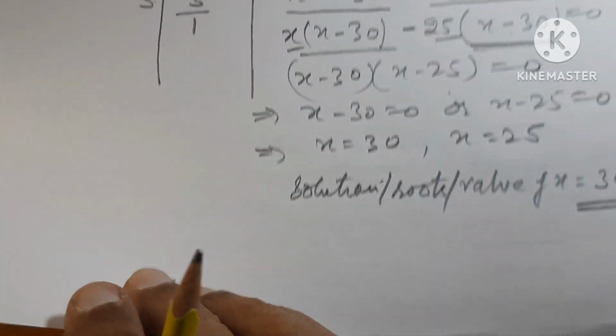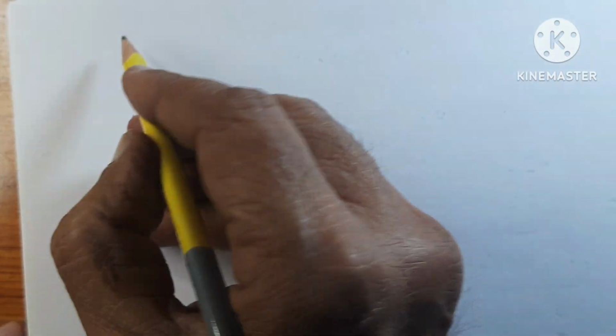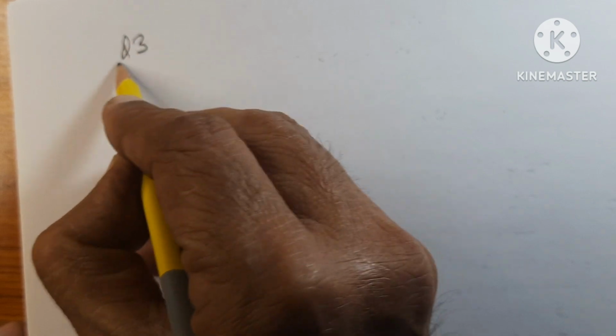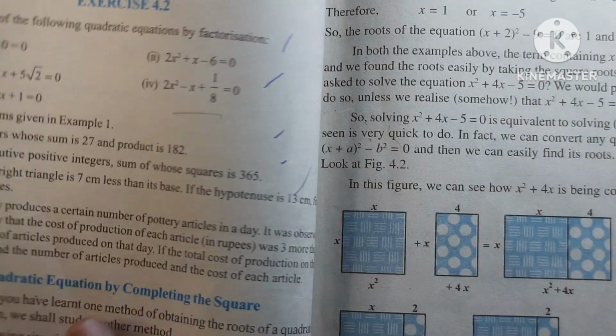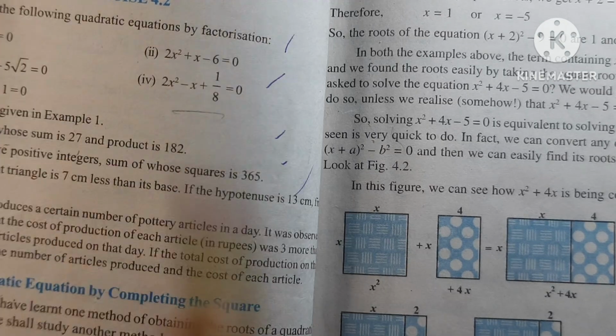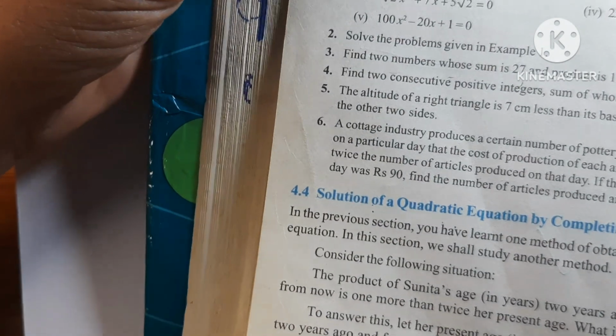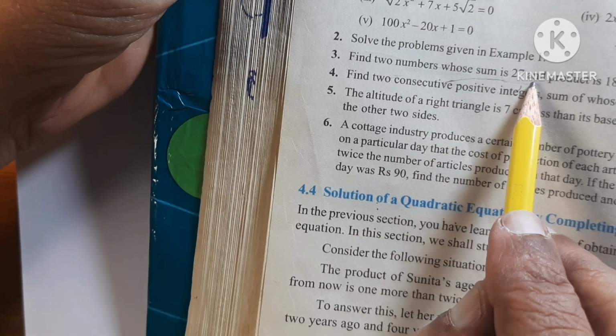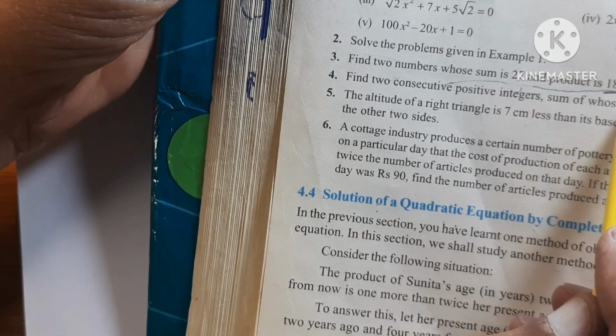Now question number 3. Question 3 is: find two numbers whose sum is 27 and the product is 182.